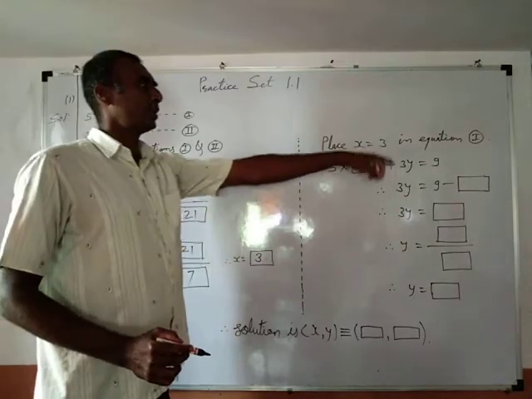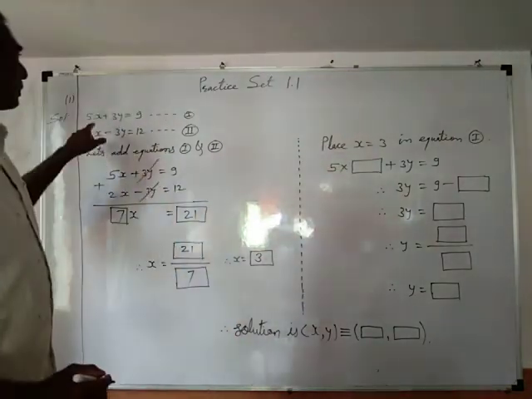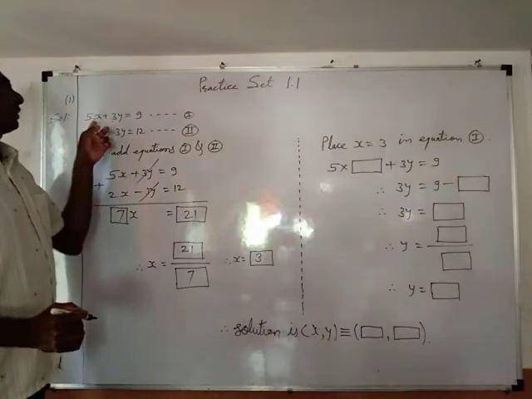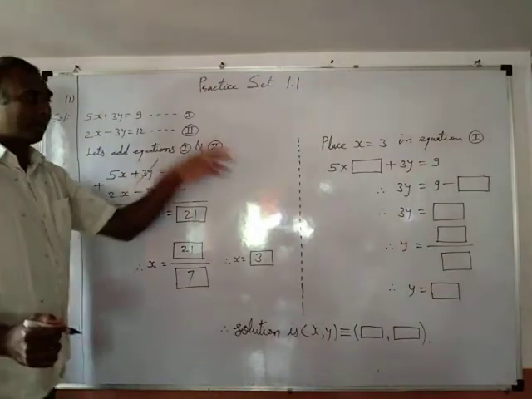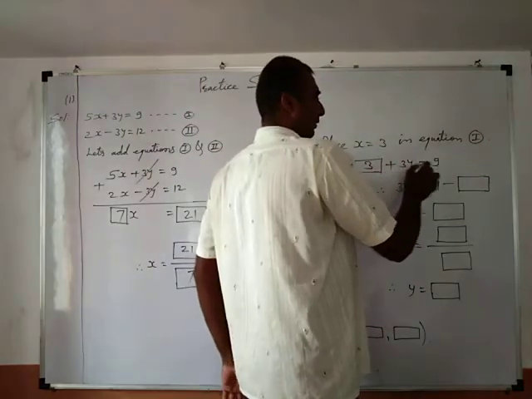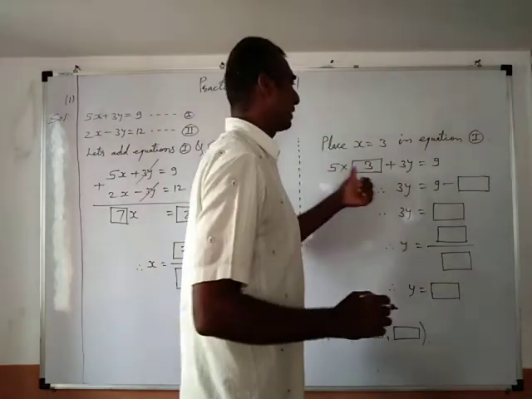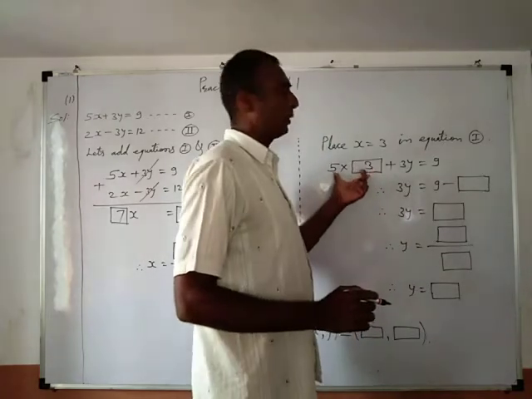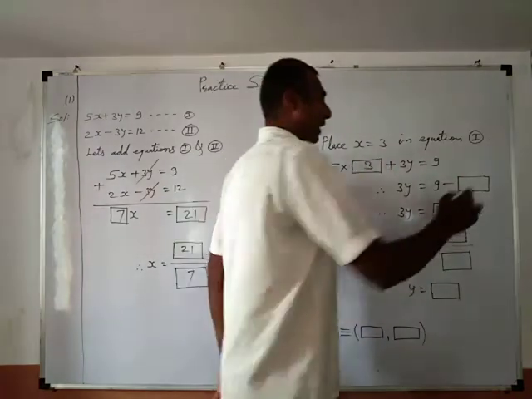Place x = 3 in equation 1. Equation 1 is 5x + 3y = 9, and that's why 5 into 3 + 3y = 9. Now 5 threes are 15. +15 will become -15 on the right side.